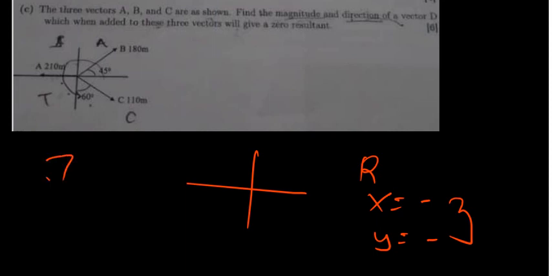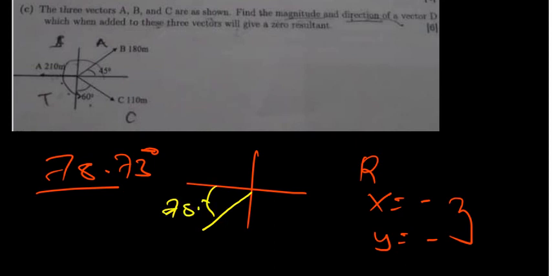That 78.73, the one we found, was from this line all the way to there. But according to the vector, we want to get the angle from this line until it touches this line. So what do we do to come from this line until we touch the line? We add 180. That's the reason why we're adding 180.